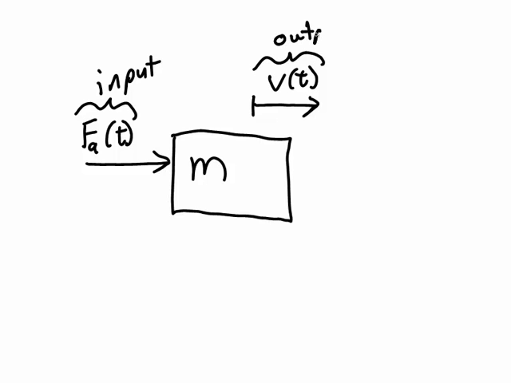Similar to the Slinky, we could have picked many aspects of this system to be the input and the output. We could have chosen the output to be the position rather than the velocity of the mass, for example. We choose the input and the output to be the thing that we are interested in.